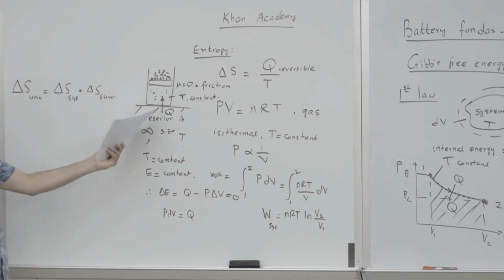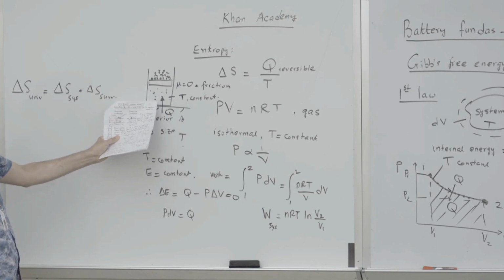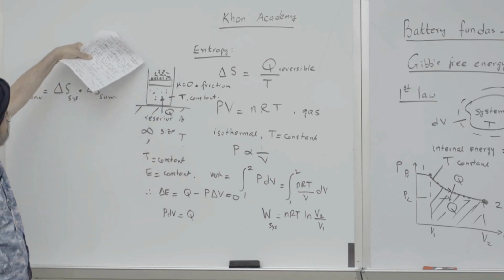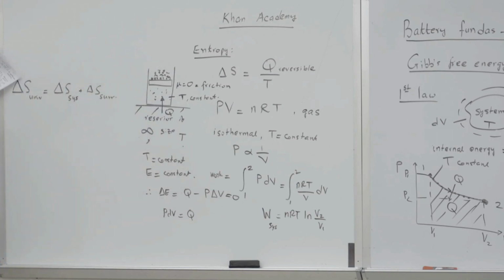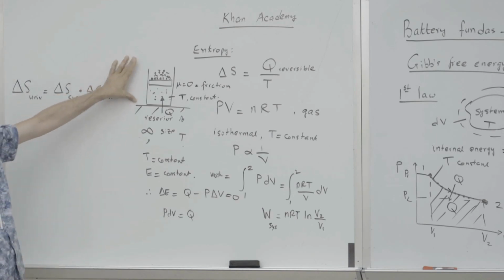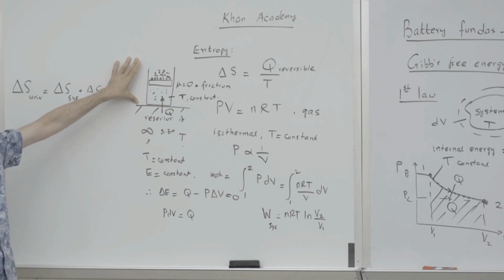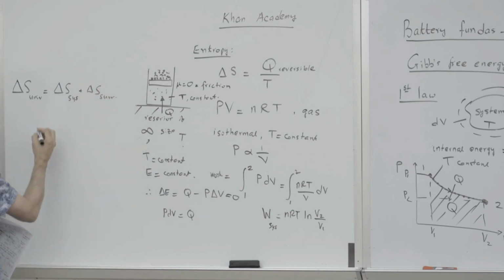So we did this little experiment where we removed pebbles and we're asking what happened to the entropy of the universe, right? So we did this thought experiment. Did we change the entropy of the universe? So let's see what we did.